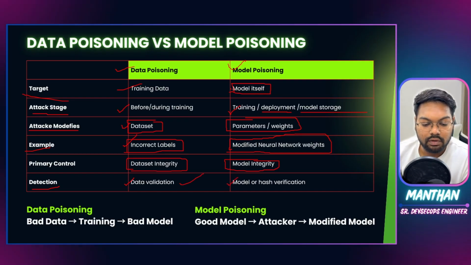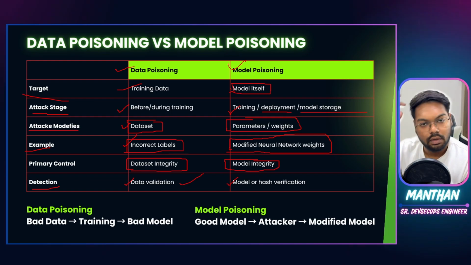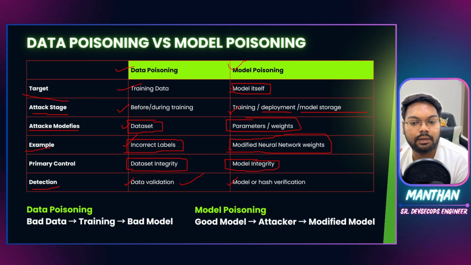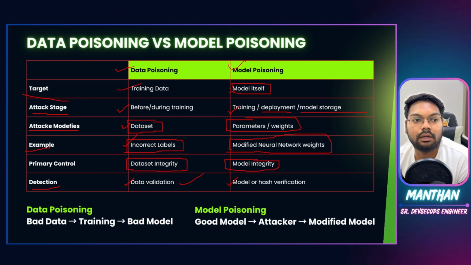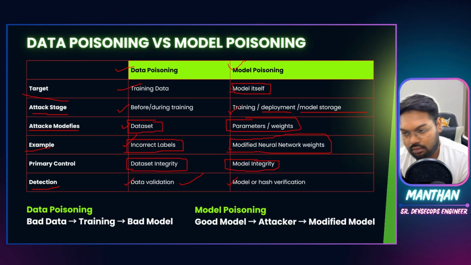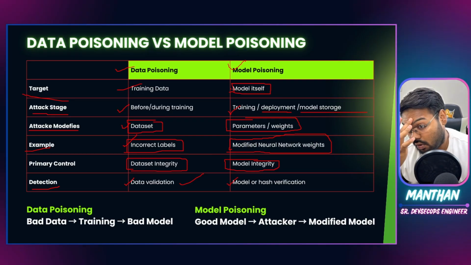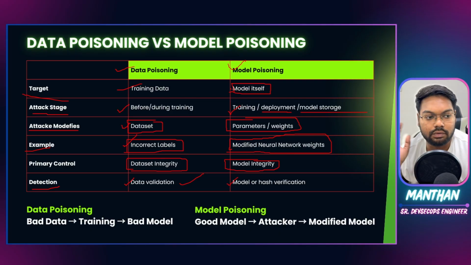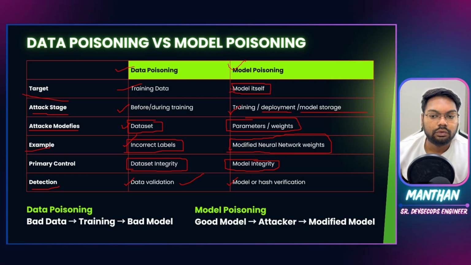Then model hash verification: you should be signing the models, keeping them in your registry, and once you deploy, always verify the hash of the model. If it has changed, you can be sure the model has been tampered with, or that it is the same or not.